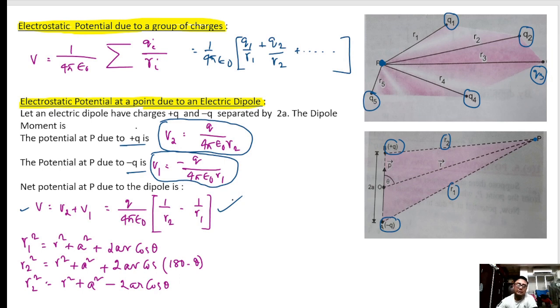Now watch one thing. This is the thing which you have to remember, that R1 square is equal to R square plus A square plus 2AR cos theta.